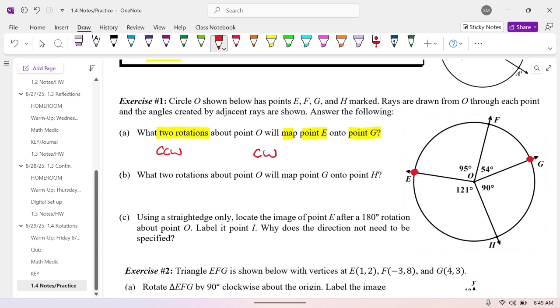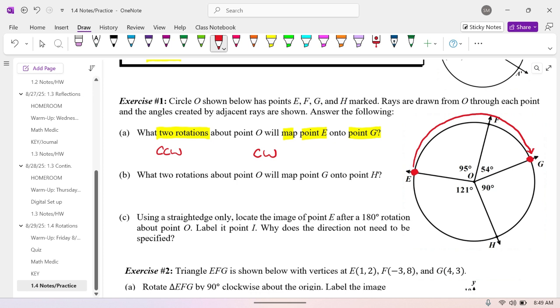So let's start with clockwise. If I start at E and I swing around clockwise to G, how many degrees did I go? How'd you find it? That's a better question. 95 and 54.